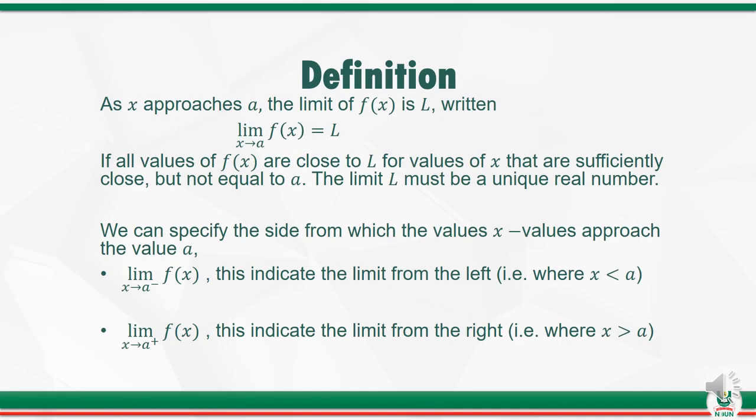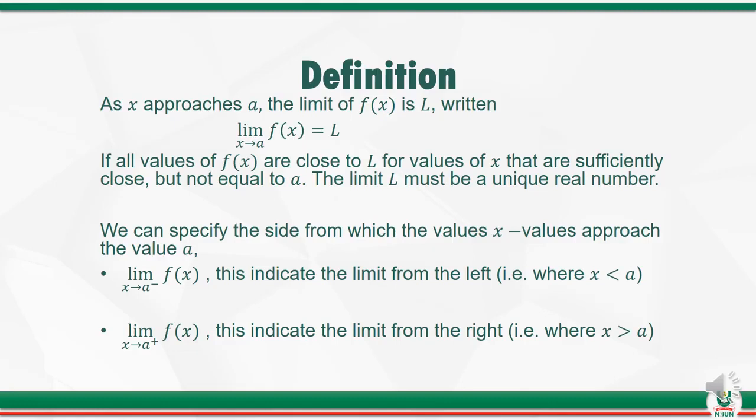In the definition, the most important thing here is the word approaching or tending to. As x approaches a, the limit of f of x is L. That is, the limit of f of x as x tends to a is equal to what?